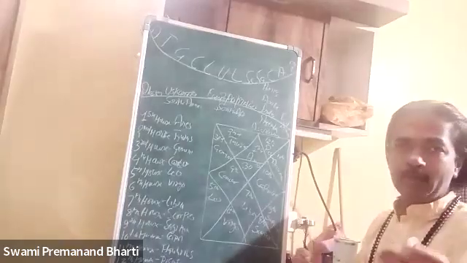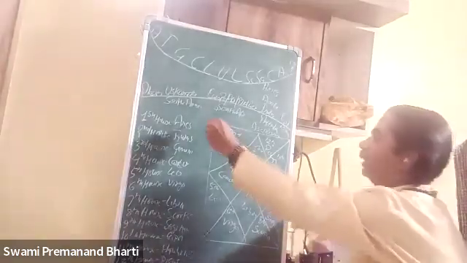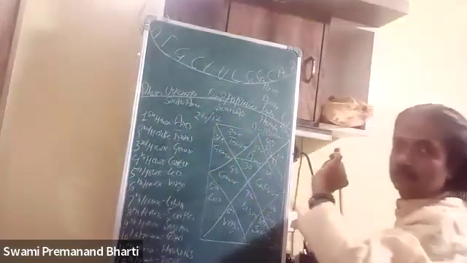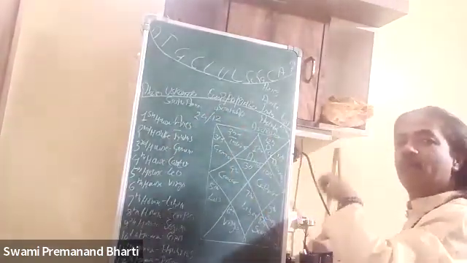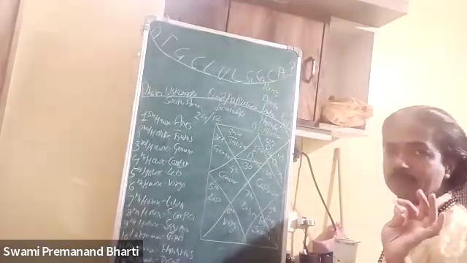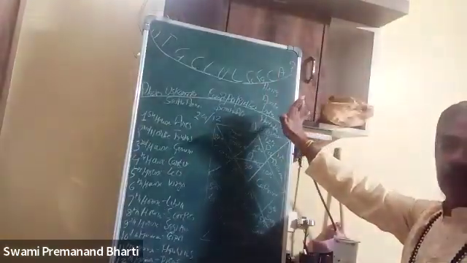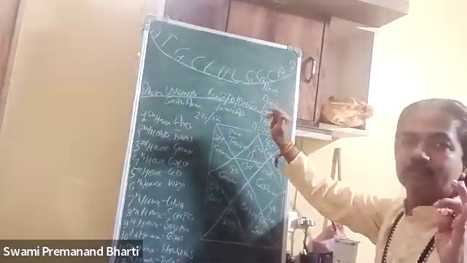Now, how many hours do we have in a day? 24. And how many signs? 12. 24 by 12, 2 hours. Every sign will come in front of every place in the world for at least 2 hours.